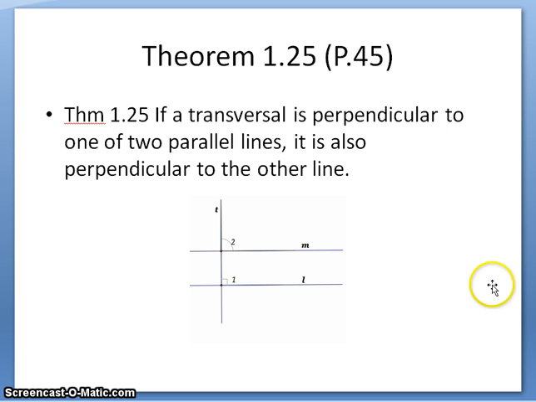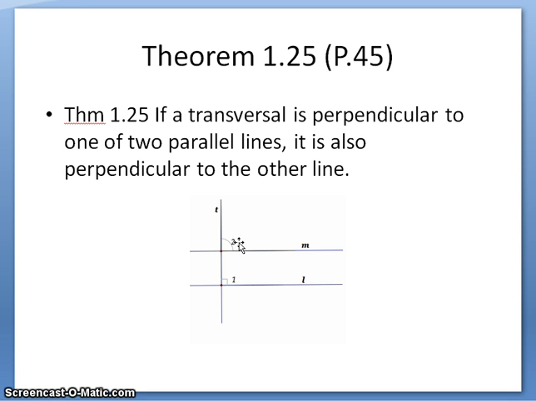So next one: if a transversal is perpendicular to one of two parallel lines, it is also perpendicular to the other line. So we have two parallel lines, M and L, in the picture, and the transversal is T. We know T is perpendicular to L, so the angle formed by these two is 90 degrees. But we don't know if the angle formed by T and M is also going to be 90 degrees.